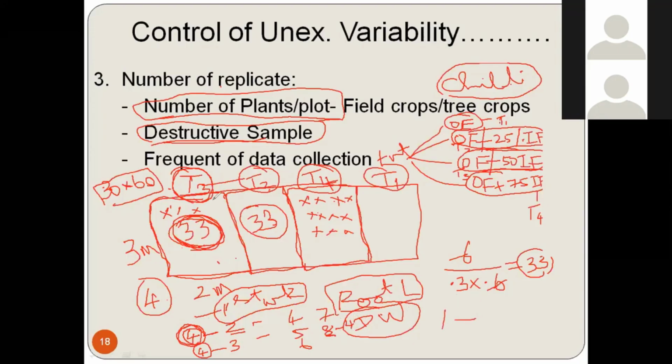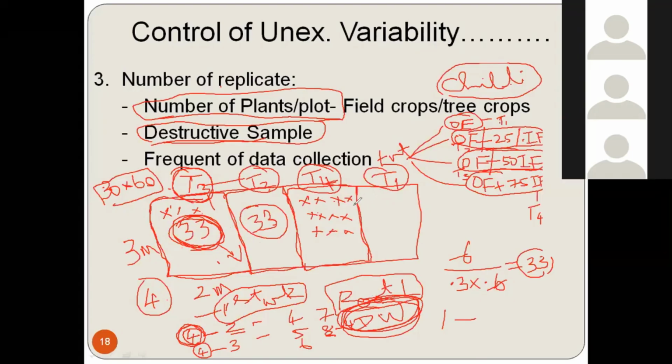Now, when you do the fertilizer application, root length and dry weight are additional measurements. But ultimately, after giving all this fertilizer, what is the economic product of the chili plant?